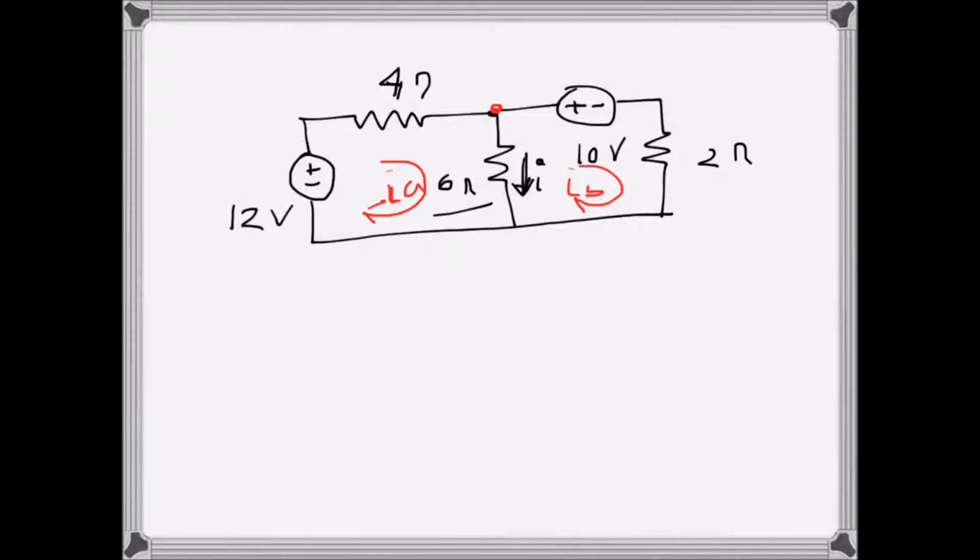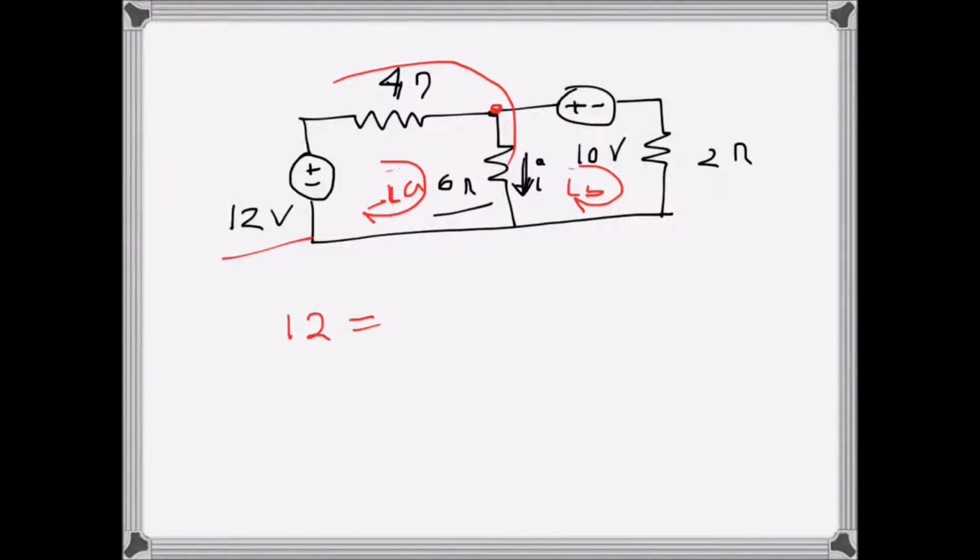So now I will write KVL for each of the meshes. This is mesh 1, and the current is counterclockwise, so I will traverse in the counterclockwise direction. This 12 volt voltage source is a rise, so I will write it on, let's say, the left hand side.